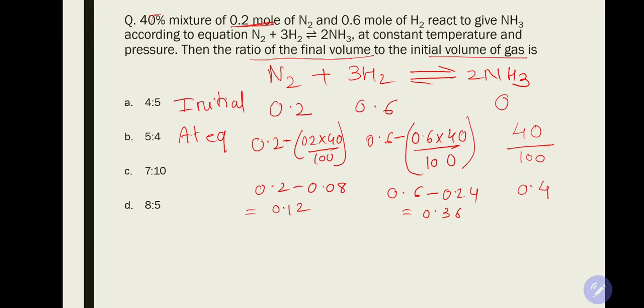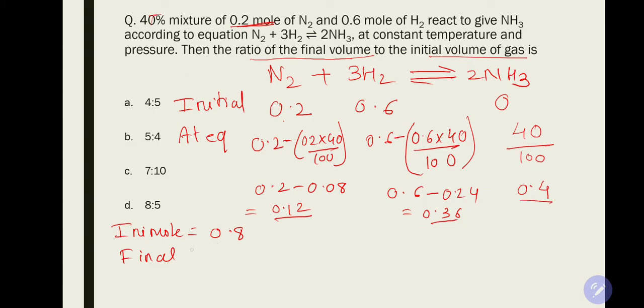Now what is the total number of initial mole? Total initial mole is 0.2 plus 0.6. It is how much? It is 0.8. Clear? Now what is the total number of final mole? Total number of final mole is the addition of this.